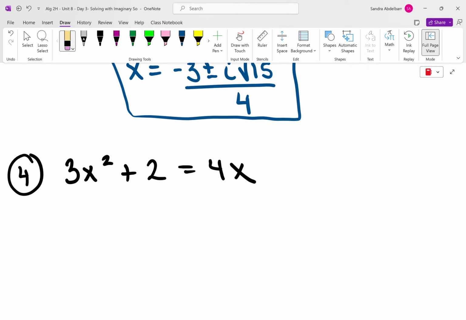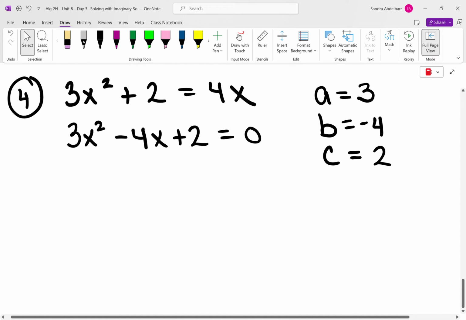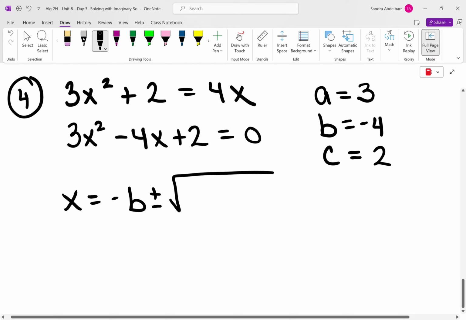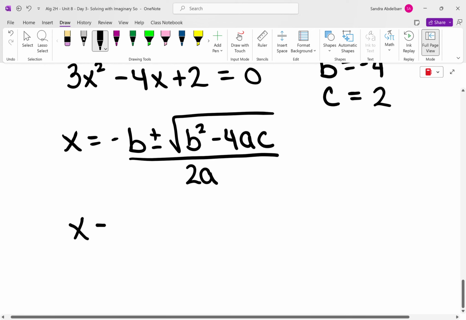Okay, let's do it. So I'm going to use the quadratic, and I'm going to set this equal to 0. So we have 3x squared minus 4x plus 2 is equal to 0. Our a is 3, our b is negative 4, our c is positive 2. x is equal to negative b plus or minus the root of b squared minus 4ac all over 2a.